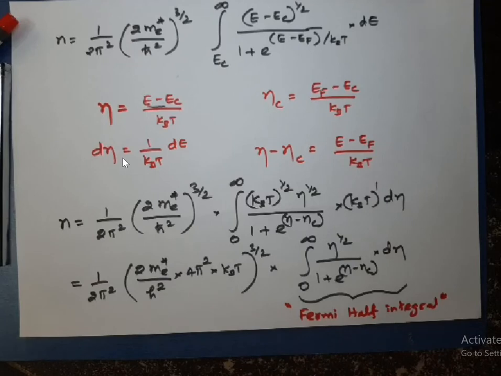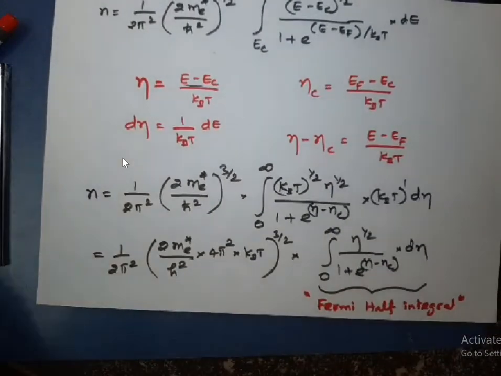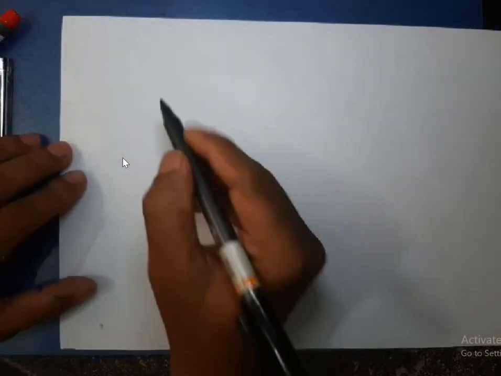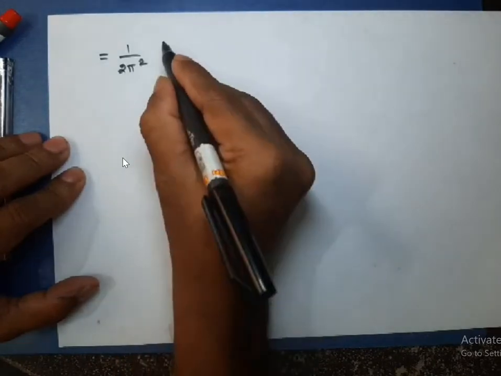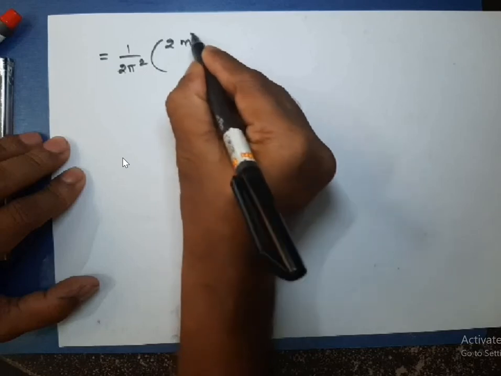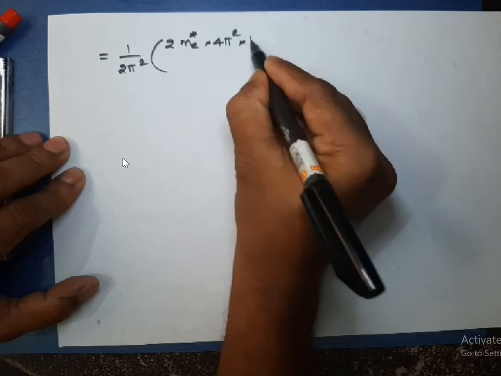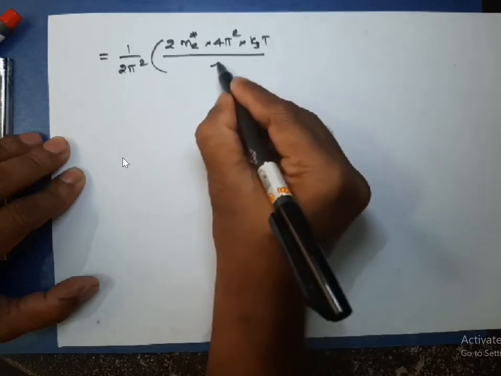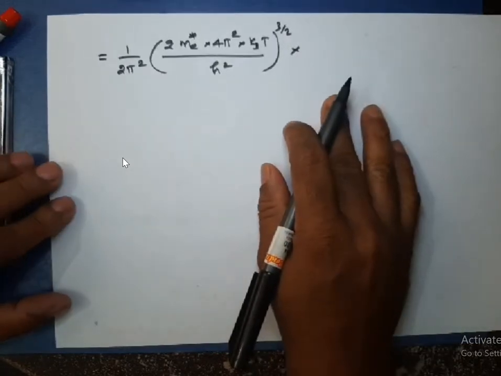It's called the Fermi-Dirac integral. Let me write in the next page how to represent this. What we had left is 1/(2 pi^2) into (2 m_e*) into ((4 pi^2 kBT)/h^2) whole power 3/2 into the Fermi-Dirac integral.